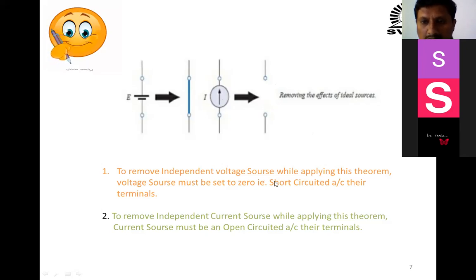That is short circuited across their terminals. To remove the independent current source while applying this theorem, the current source must be open circuited. म्हणजेच resistance किती झाला? Infinite, or current is infinite. When it is open, the current meaning is infinite. Sorry, current is 0. Current is 0.